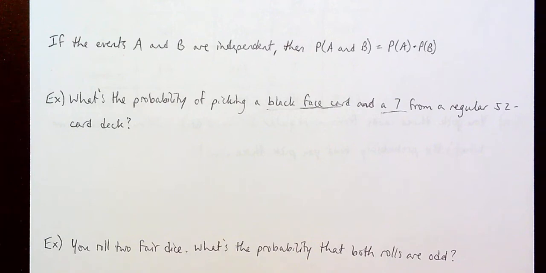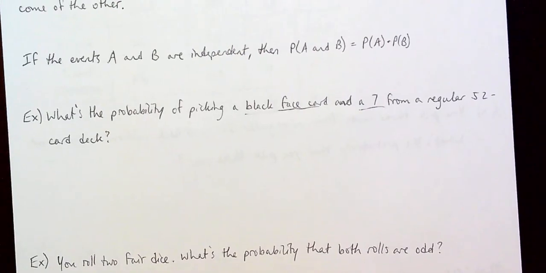The other assumption here is that we take the card that we first pick and we put it back inside of the deck, so there is replacement happening. But you can't pick a black face card and a 7 at the same time. The face cards are jacks, queens, and kings, not 7s.